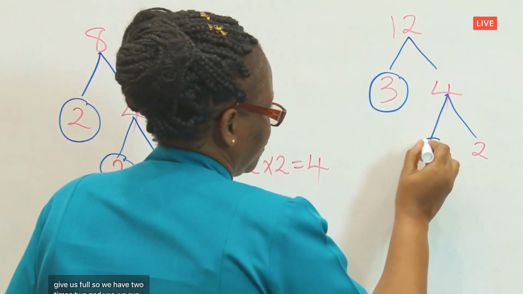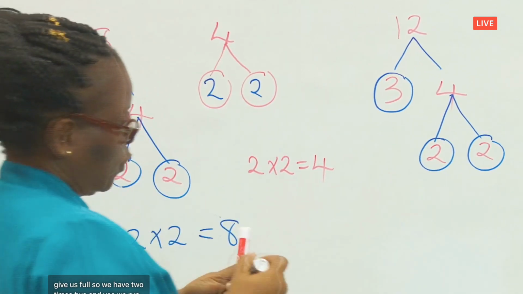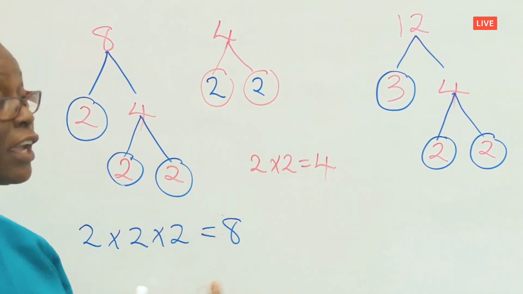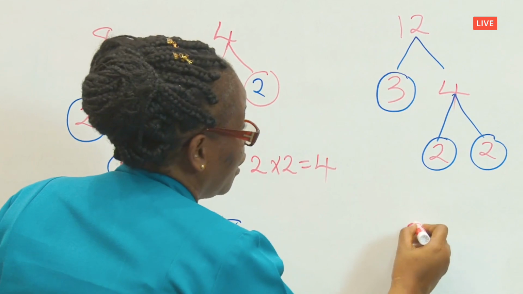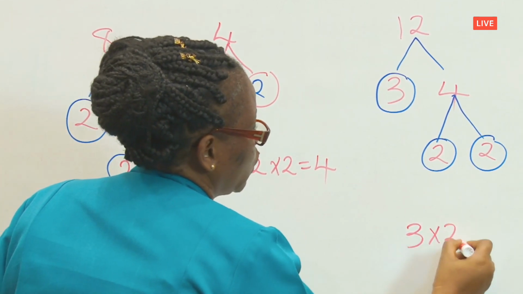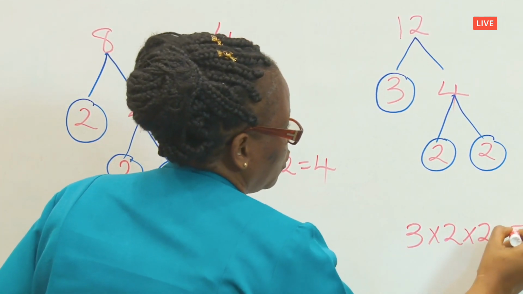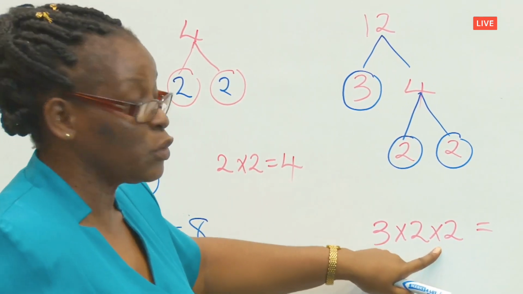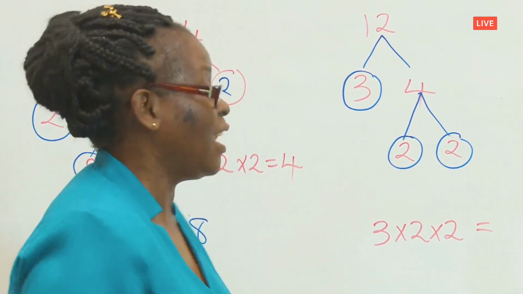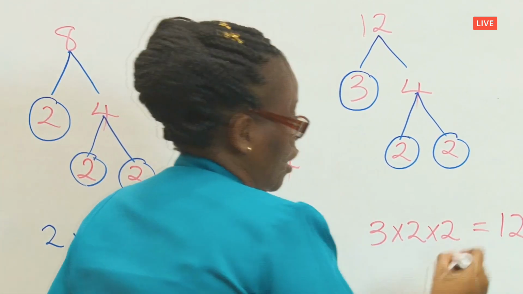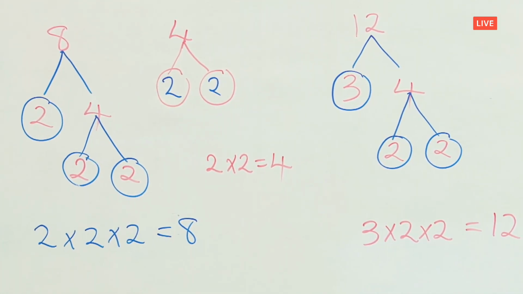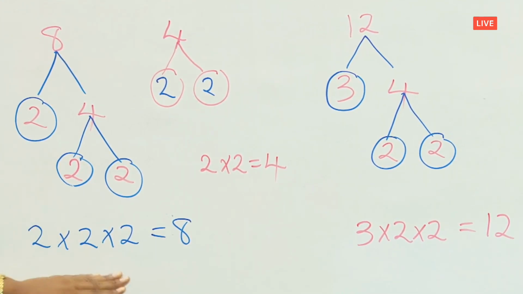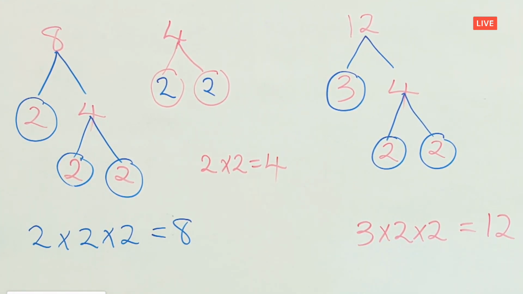So we have 2 times 2, and yes, we circle these now. So my prime factorization for 12 will be 3 times 2 times 2. 3 times 2 is 6. 6 times 2 is 12.